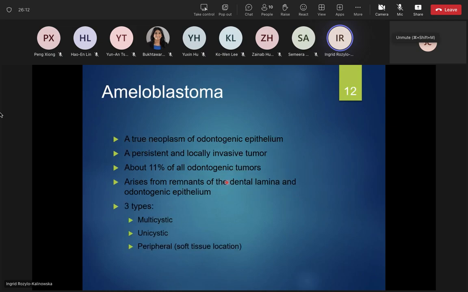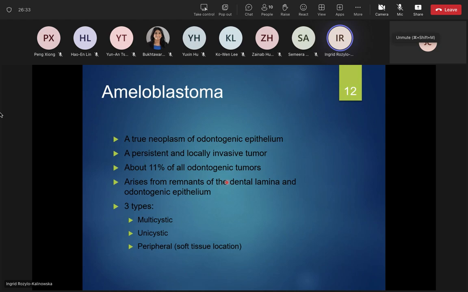So, like in a book, we will start with the flagship tumor of the head and neck, which is ameloblastoma. But please remember that technically speaking, this is a rare tumor.